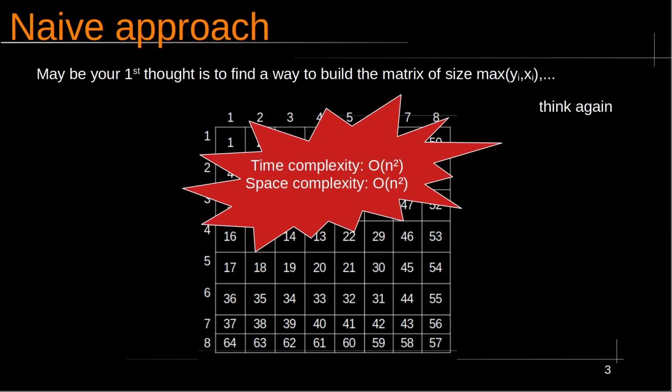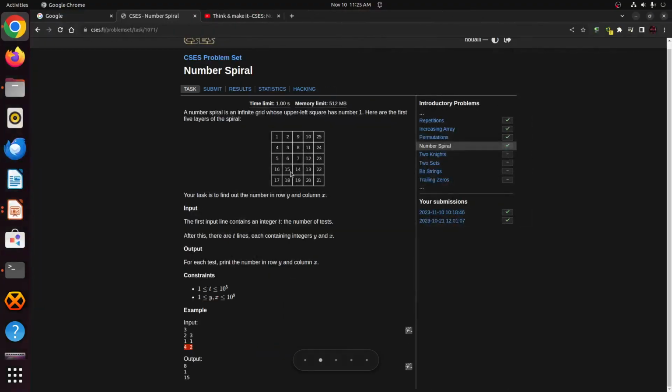For the size of this matrix, you have first to compute the maximum value between all the y's and x's. For example, in this example here, we have y's 2, 1, 4, so we have 4 here, and the x's 3, 1, 2.